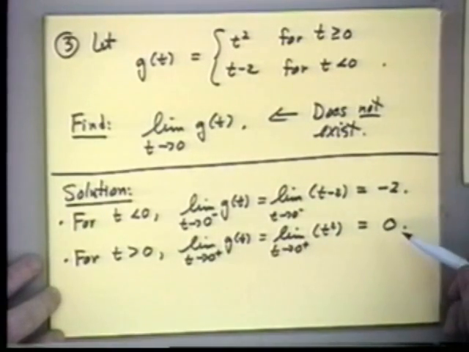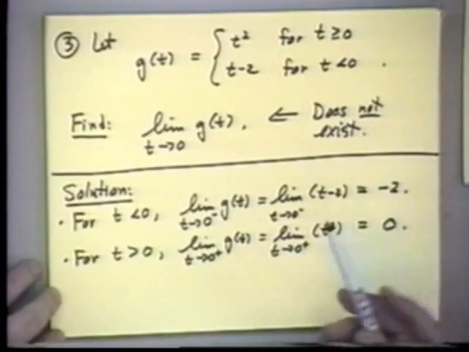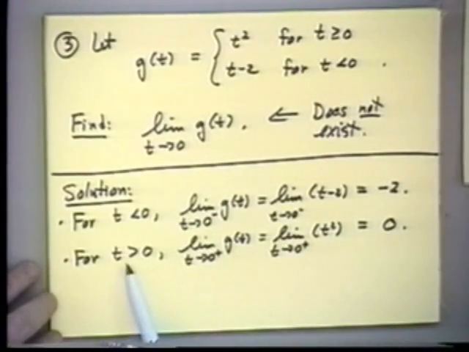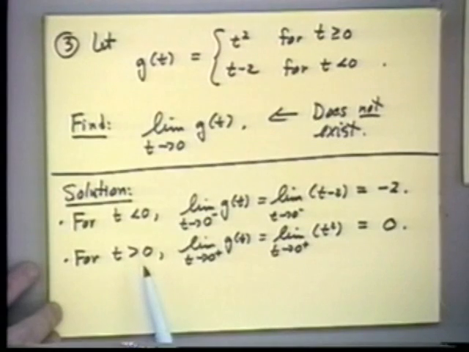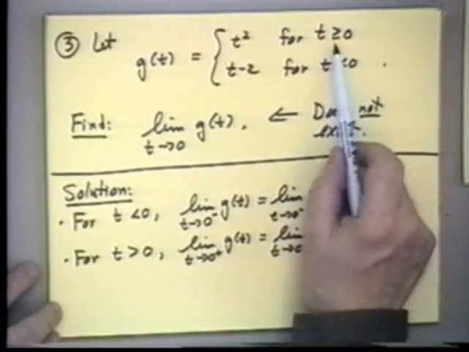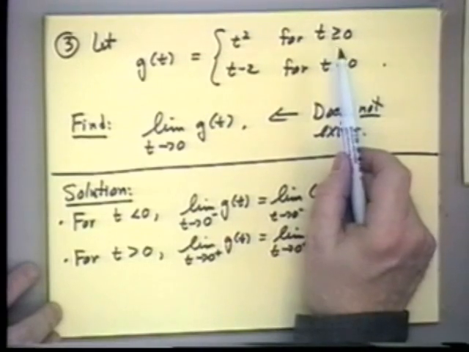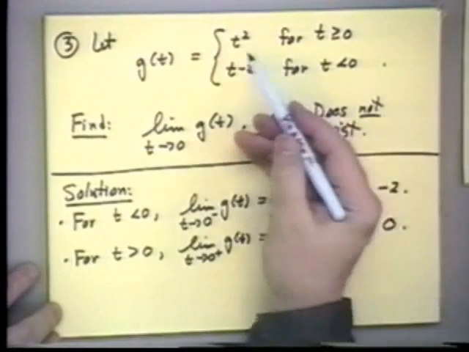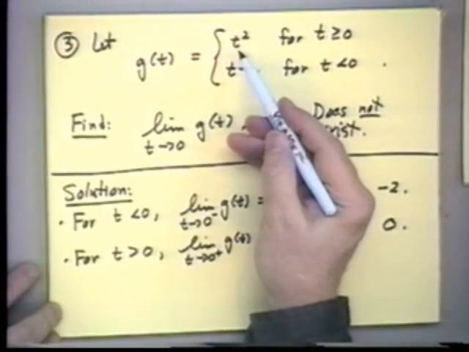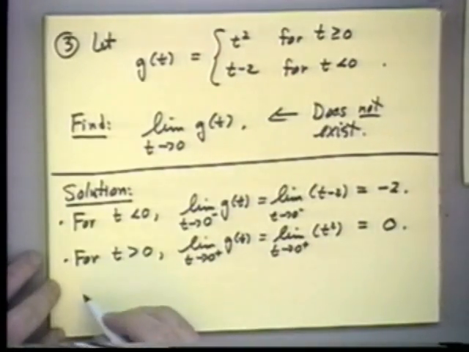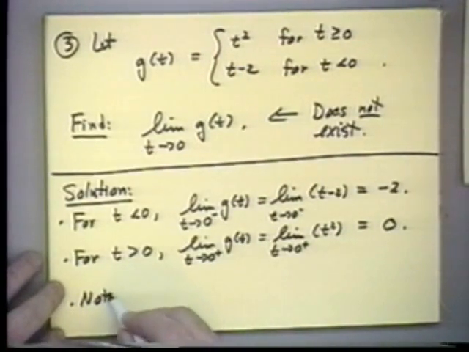I have gained the knowledge that the left and right limits are these two numbers, and that the two-sided limit does not exist. But you may have noticed something here. Did you notice when I wrote t greater than 0, that the function is actually defined for t greater than or equal to 0? With t equal to 0, the function has the value t squared, so I can gain one more piece of information.